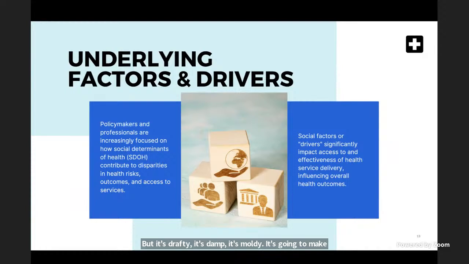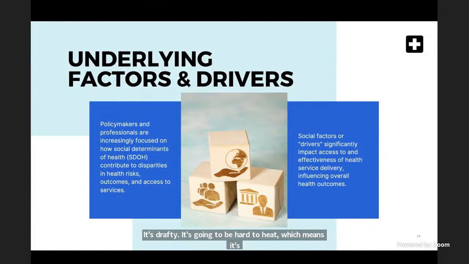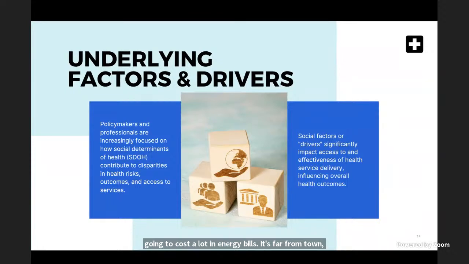It's drafty. It's going to be hard to heat, which means that it's going to cost a lot in energy bills. It's far from town, which means that if you want to go to the doctor, if you want to go to the grocery store, you're going to have to drive. My father-in-law in 1983 was giving us advice that was predicated upon the social determinants of health, though he would not have known that, at least that phrase.